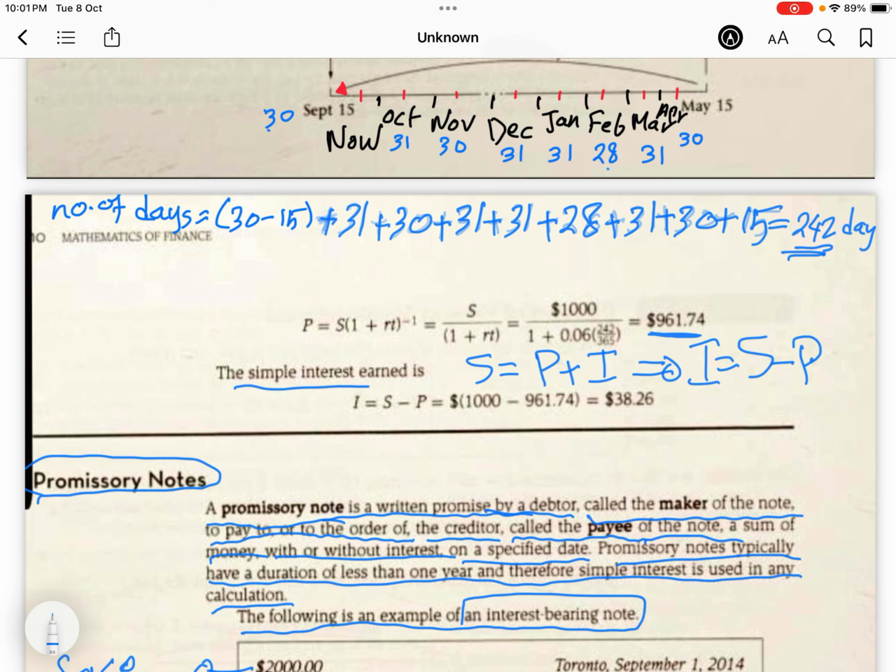The simple interest earned, I equals S minus B, which is 1000 minus 961.74, which is 38.26.